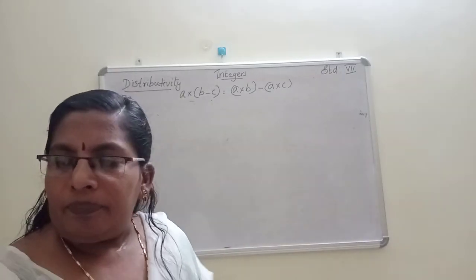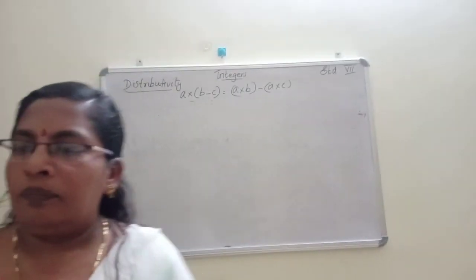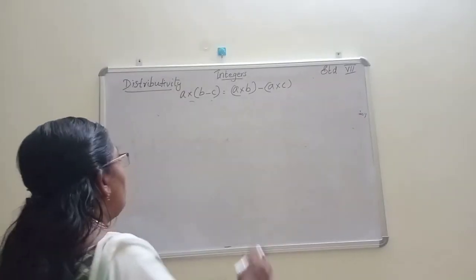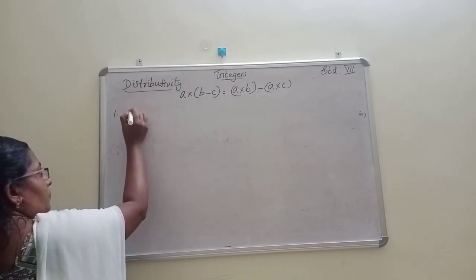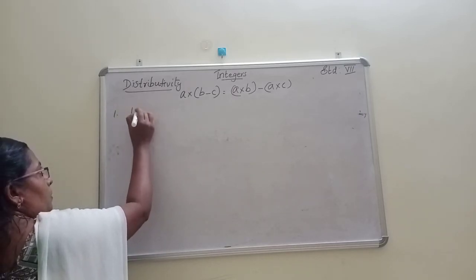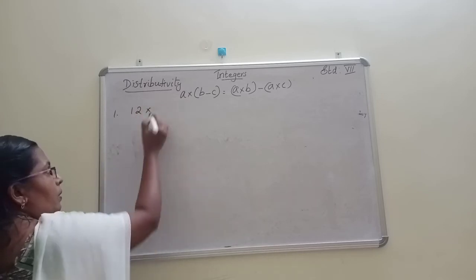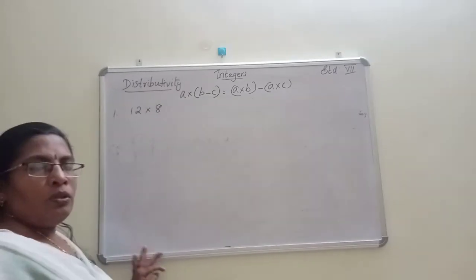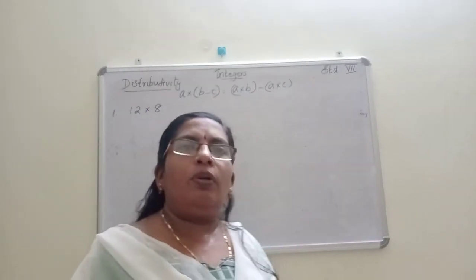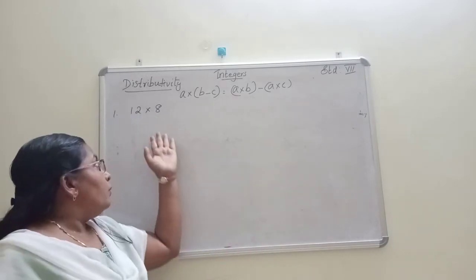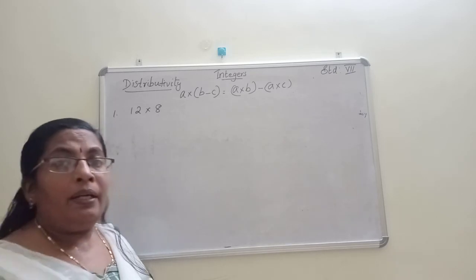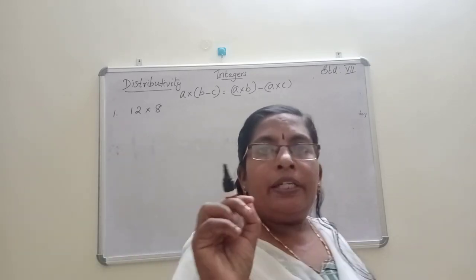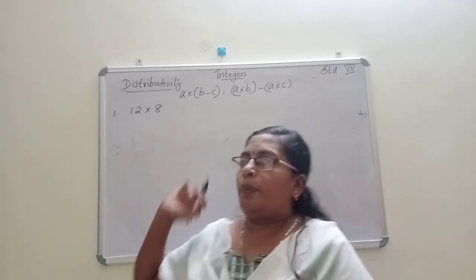For example, see the question. 12 into 8. We know the answer, is it? When we know the 8th table or 12th table, we can directly say. But they will ask using distributive property, find the product.